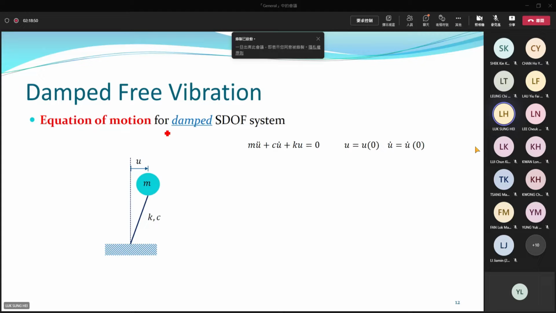I changed the equation of motion a little bit. This time, we consider a single degree of freedom system with damping. With damping means C is not zero. C is equal to some particular number.